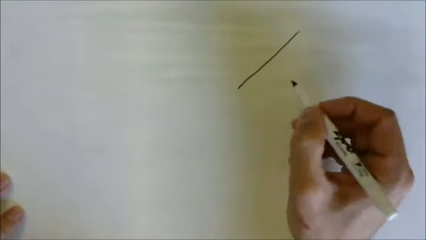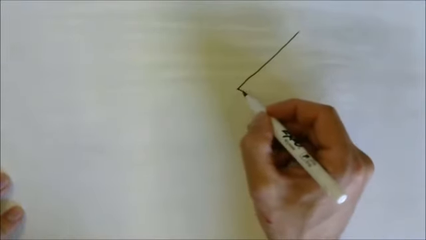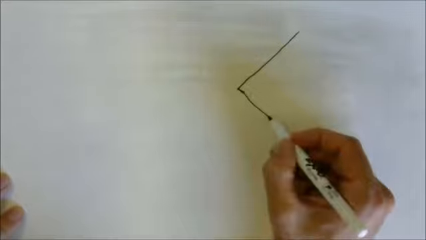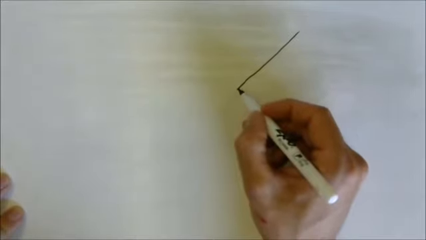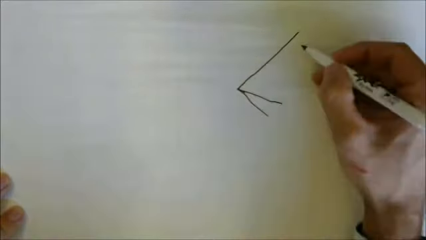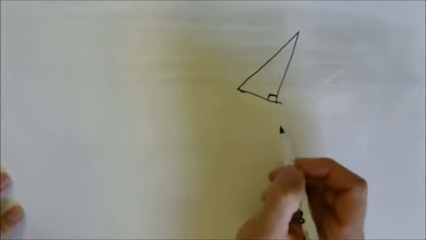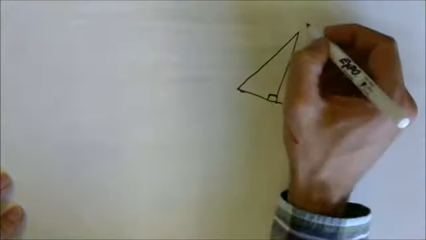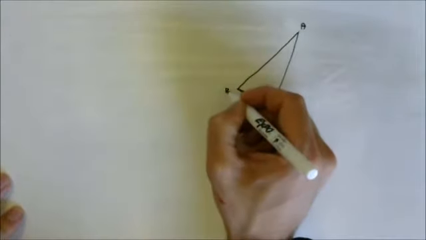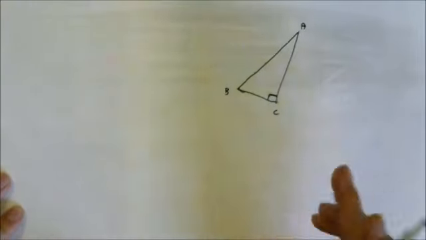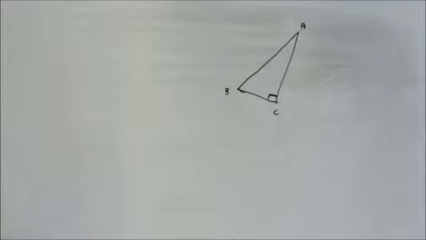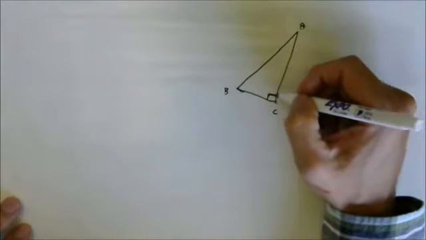I'm going to try to sketch out the triangle that you have. It's a bit like that and like that. Okay, we found out that this is a right triangle. We know A, B, and C. And I'm going to describe what we're doing here. We're going to take the median from the right angle.